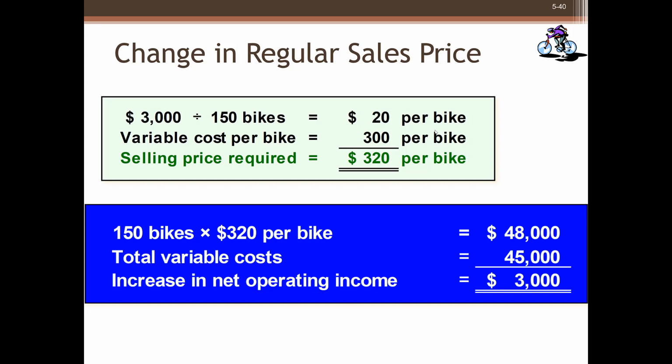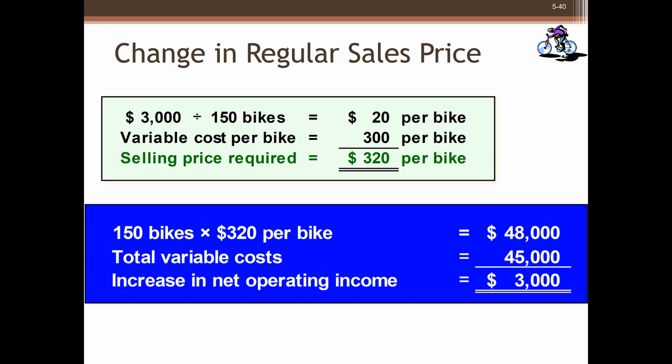For fixed expenses, no change, because this opportunity is one time, and there's no change in the cost structure. For variable cost per bike, 300. As long as the selling price is 320 per bike, then the company can increase monthly profit by 3,000.